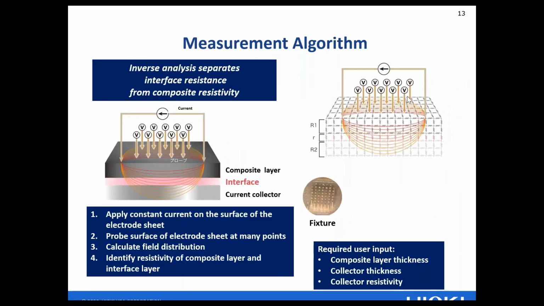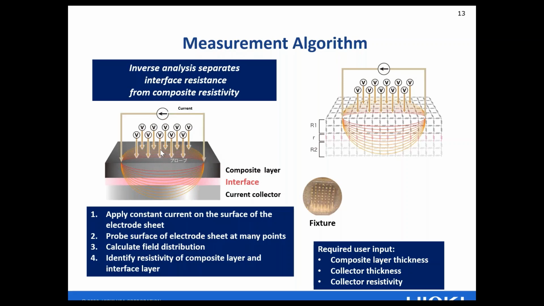So here's a bit more on how this measurement works. From the mathematics perspective, it's based on an inverse analysis. The inverse analysis means you have the result and you calculate what causes the result. Very similar to the four-probe method or four-point method, we apply a current over the composite layer.